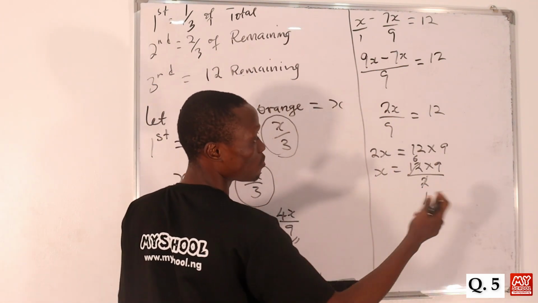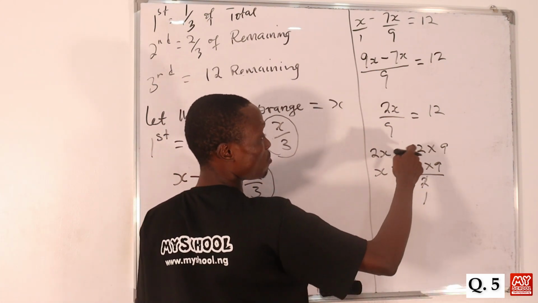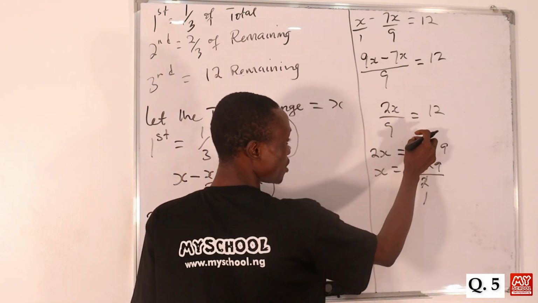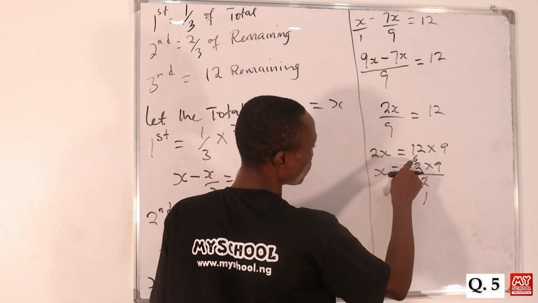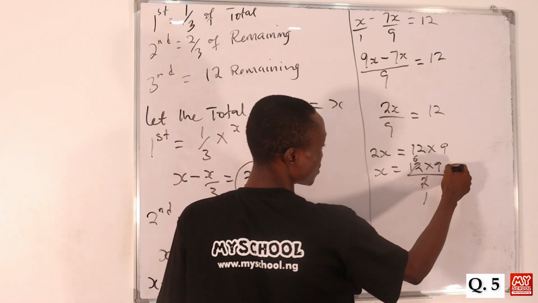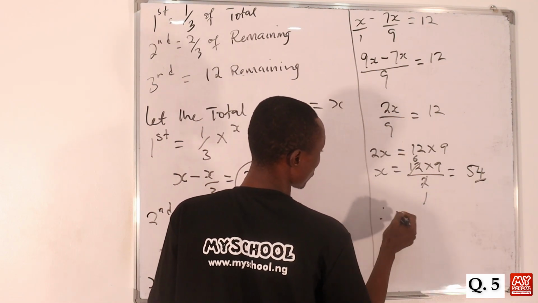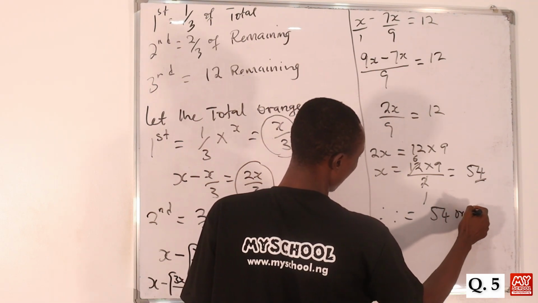It's still the same thing even though we did not multiply it out. So once you use 2 to divide any of the numbers, it's the same as multiplying the two numbers out and dividing the result by 2. Here we now have 6 times 9, and 6 times 9 equals 54. So the total number of oranges that was shared is 54 oranges.